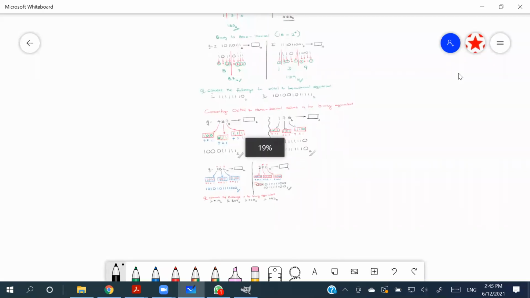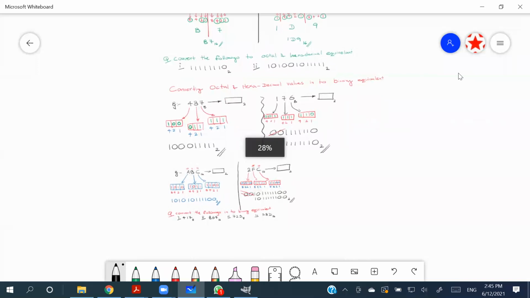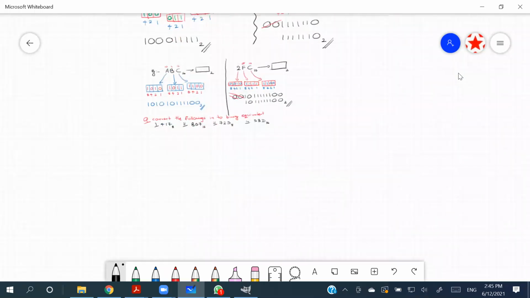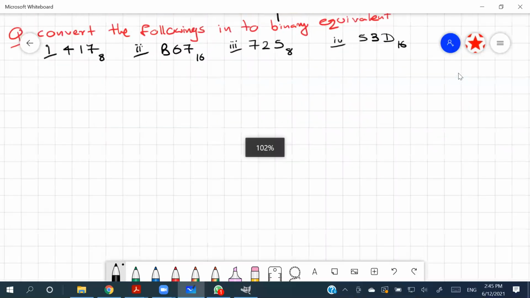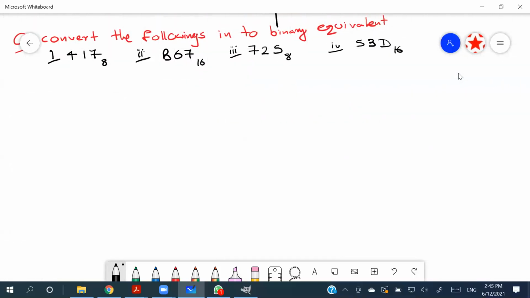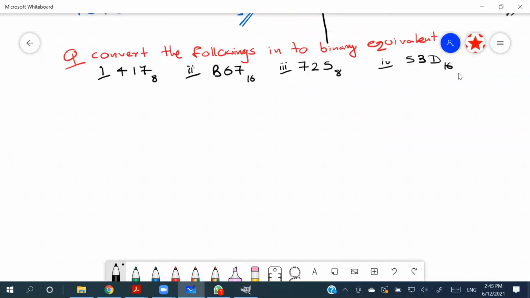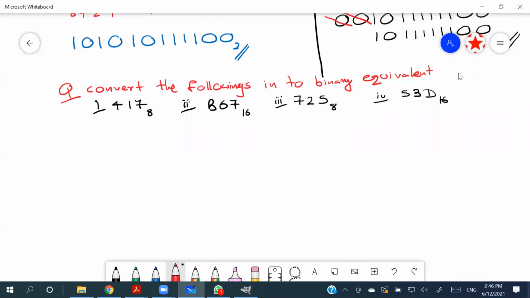Now, as I told you, the smallest unit in the computer is called a bit, right?